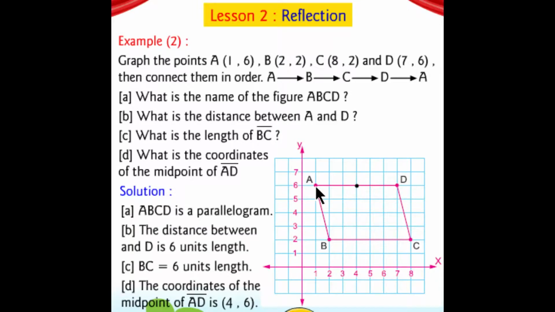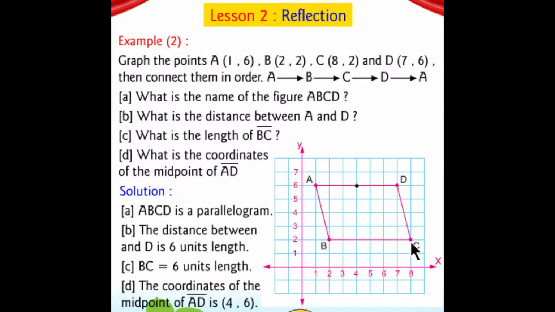Point B, (2, 2): 2 on the x-axis and 2 on the y-axis. The point B, (2, 2). The point C, (8, 2).